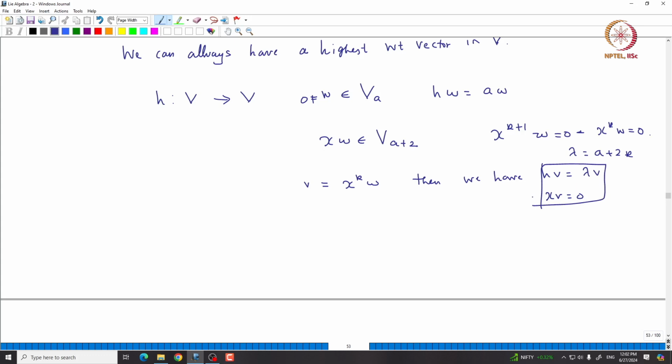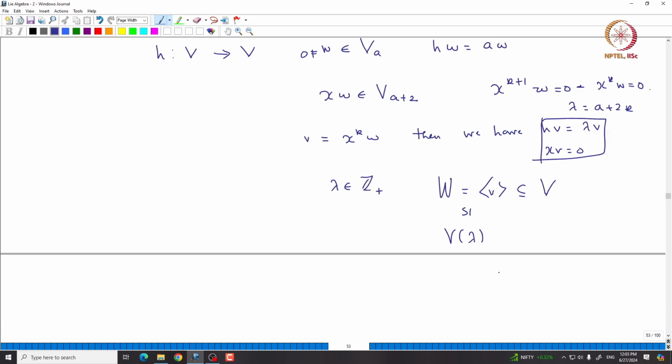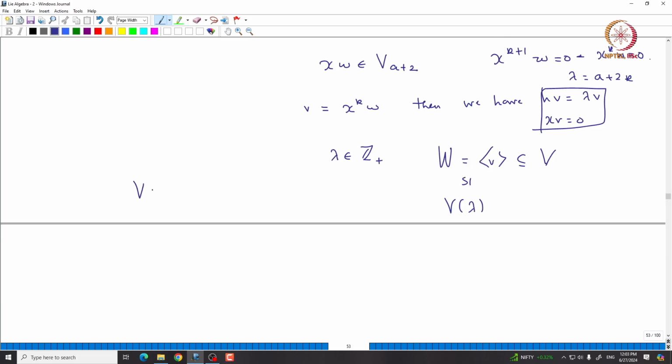So, this tells us that there is always a highest weight vector inside capital V, of some weight lambda, okay, highest weight lambda. So, that means using our earlier analysis, we can observe that this lambda must be in Z plus, and the submodule generated by this V inside capital V is going to be isomorphic to V of lambda. Okay. So, in particular we have this embedding of V of lambda inside capital V for any finite dimensional representation capital V. So, this is something very simple.